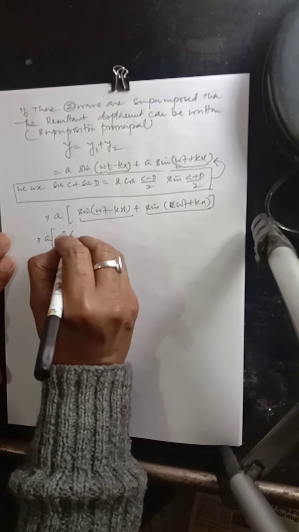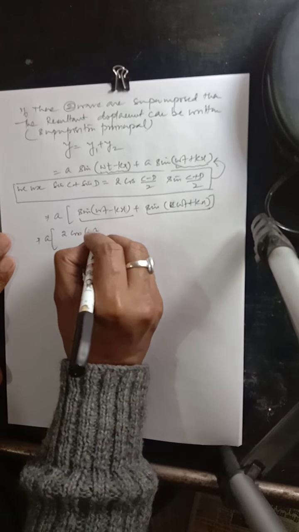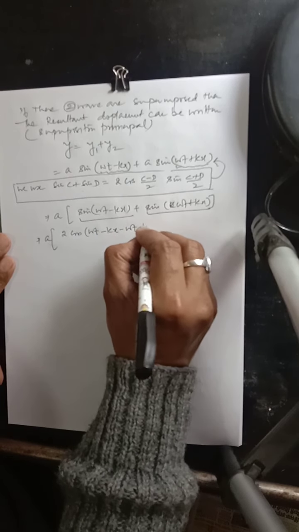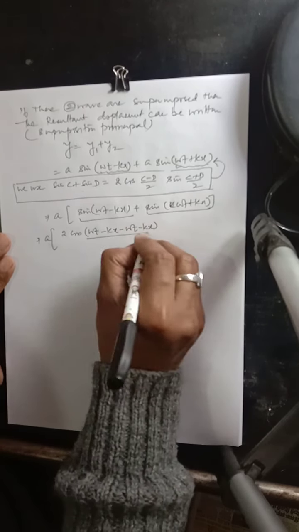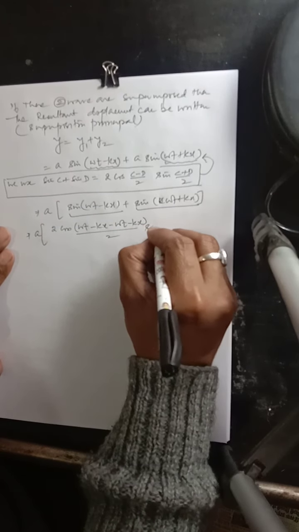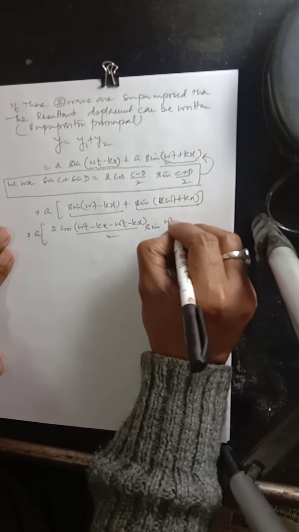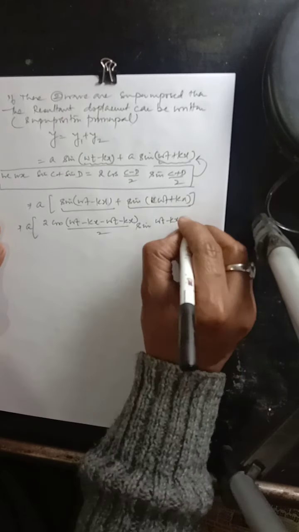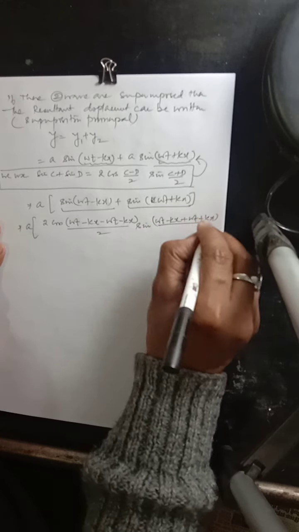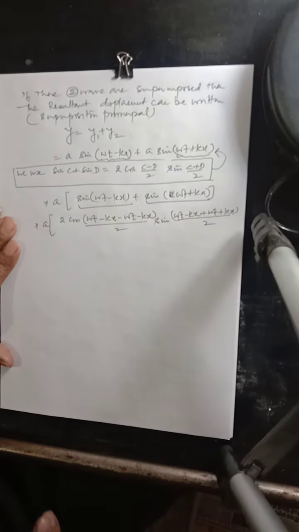So it becomes 2A cos of ((omega t minus kx) minus (omega t plus kx)) divided by 2, and then sin of ((omega t minus kx) plus (omega t plus kx)) divided by 2.